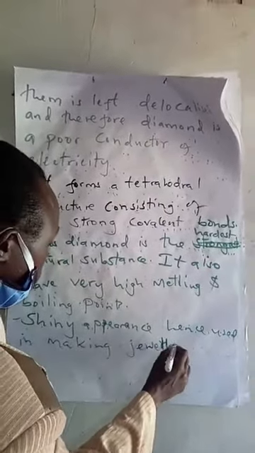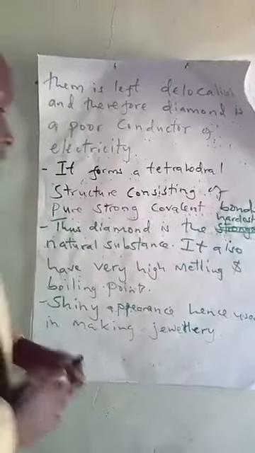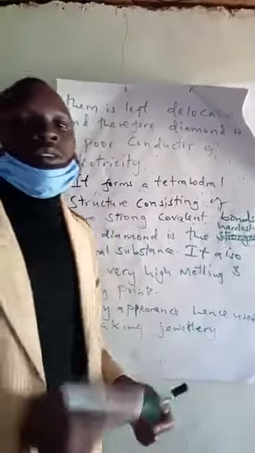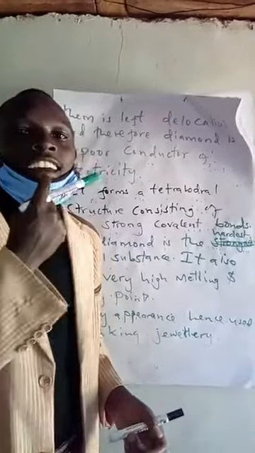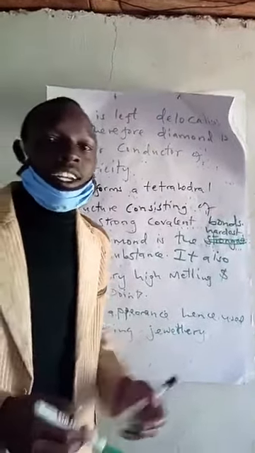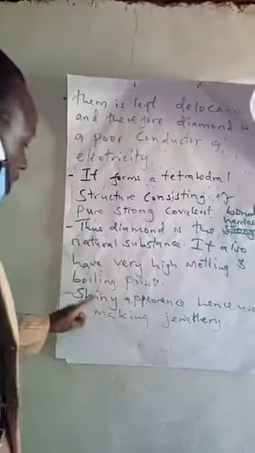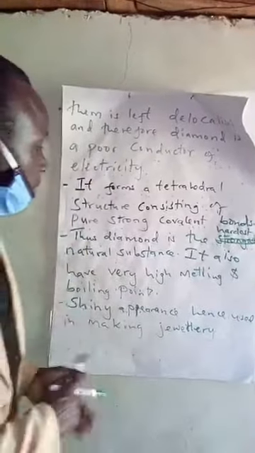It's used to make jewelry, bangles, necklaces, all those. The vipuli, yes, the ring, wedding rings and all that. So many of them. Why? Because diamond has a shiny appearance, etc. So that is diamond.